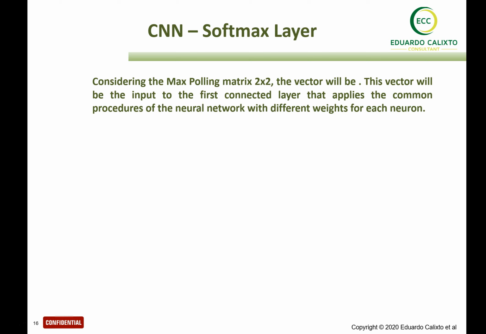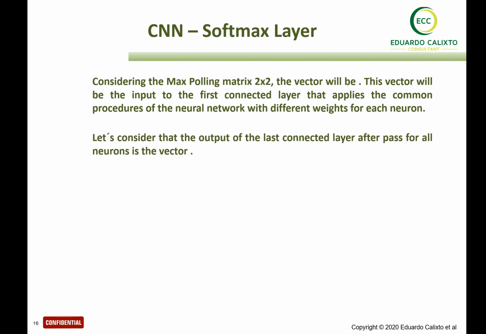Now I'm going to the softmax layer. So consider the 2x2 max pooling matrix. The vector will be the one that I defined. In our case, there will be a vector of this output of the max pooling, and this vector will be the input for the first fully connected layer.